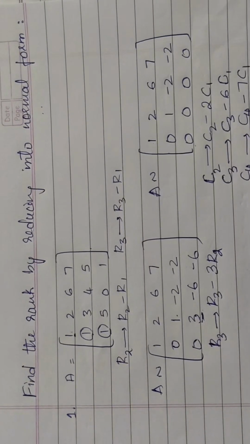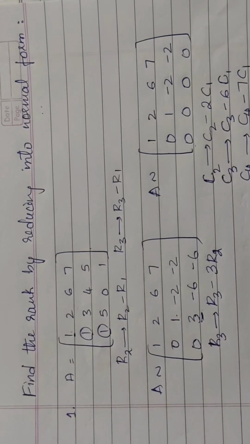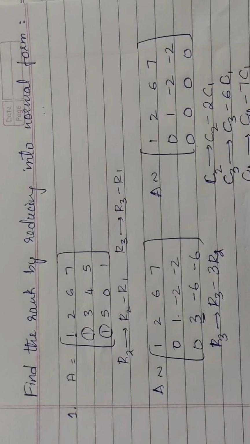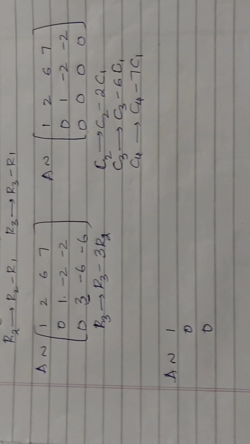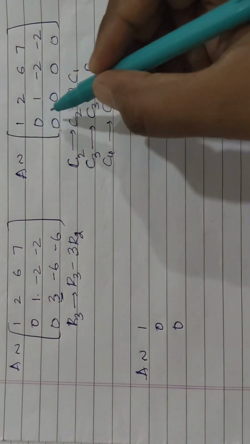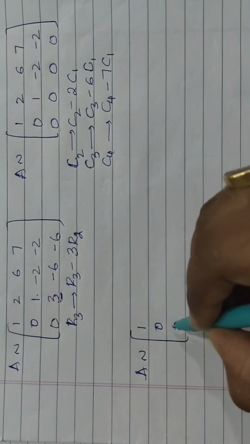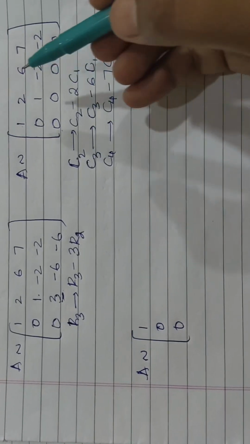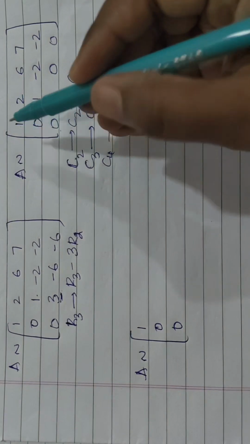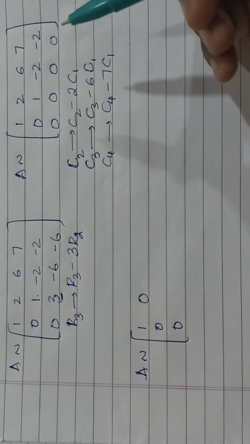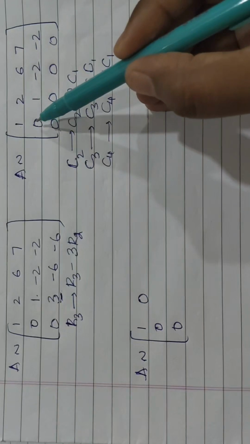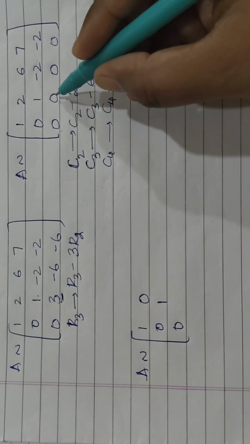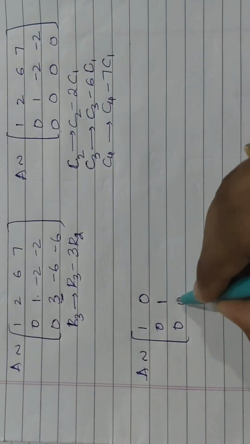Now our given matrix is equivalent to, since there is no transformation for the first column, I write it as it is: 1 0 0. For the second column we have C2 minus 2C1. So it is 2 minus 2 into 1, that is 0; 1 minus 2 into 0, that is 1; 0 minus 0, that is 0.